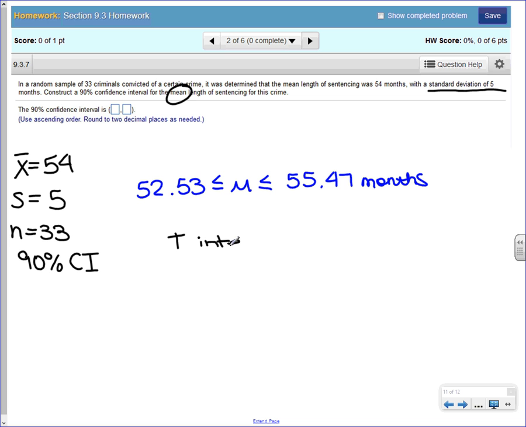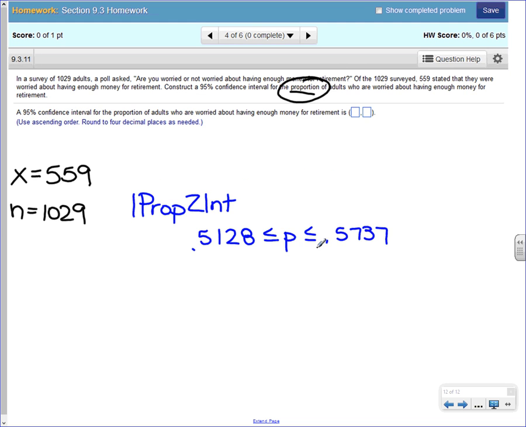So t-interval is what you want to do when we're talking about mu and x bar. For proportions, we're talking about z intervals. We're going to do the one proportion z interval when we have proportions, and these would be our answers here.